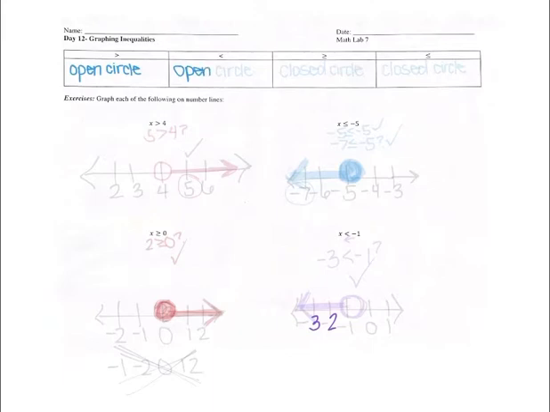If it sounds like I'm speaking gibberish right now or you have no idea what I'm saying, once I do some examples, it will get a lot easier, I promise. And if there's a line underneath, it's going to be a closed circle.